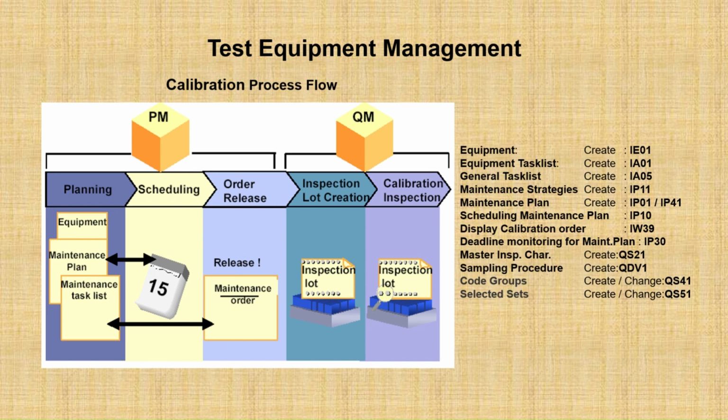Any equipment used in my plant, whether it is giving the correct result or not, should be tested. So for that, we are doing the calibration inspection, to check that these equipments, wherever they are used, are giving the right output or not. Even that needs to be tested. That comes under test equipment management.